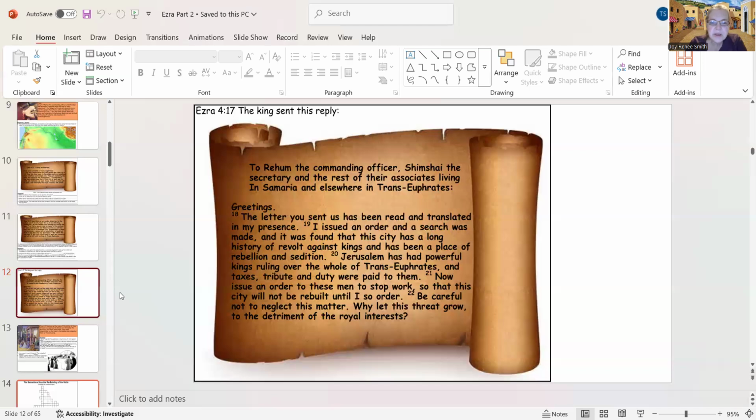The king sent this reply: To Rehum the commanding officer, Shimshai the secretary, and the rest of their associates living in Samaria and elsewhere in Trans-Euphrates. The letter you sent us has been read and translated in my presence. I issued an order, and a search was made, and it was found that the city has a long history of revolt against kings, and has been a place of rebellion and sedition.